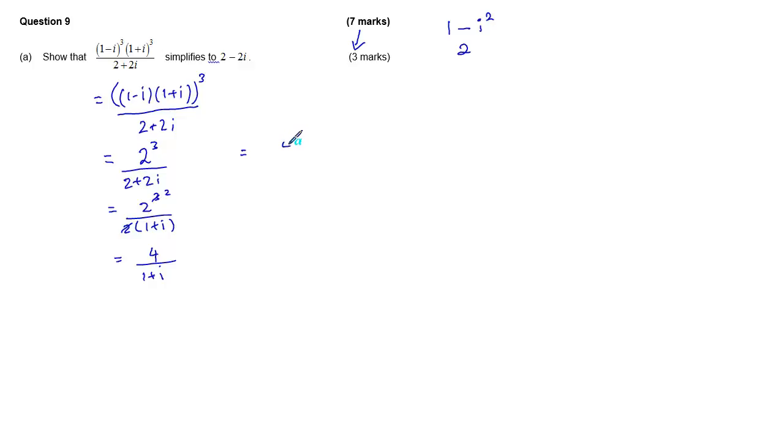So that's 4(1 minus i) over (1 plus i)(1 minus i), which gives us 4 minus 4i divided by 2, which is 2 minus 2i, as required.